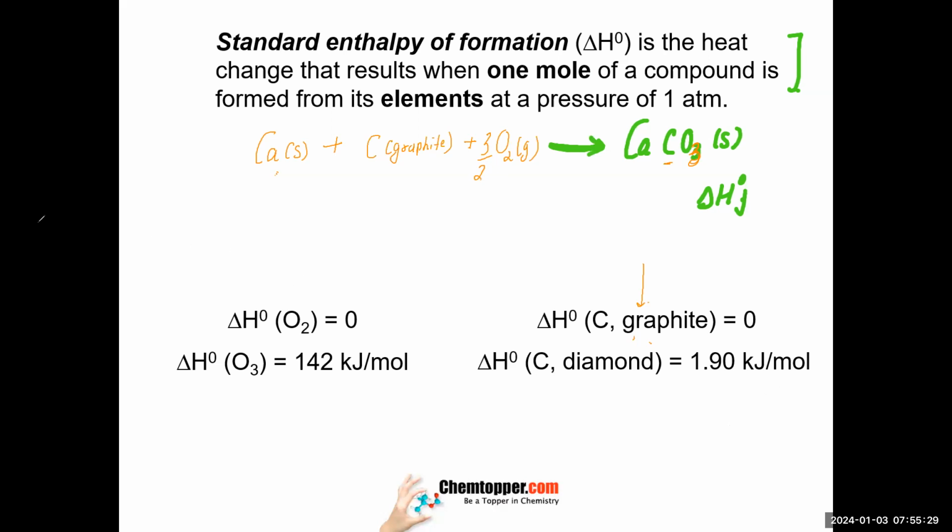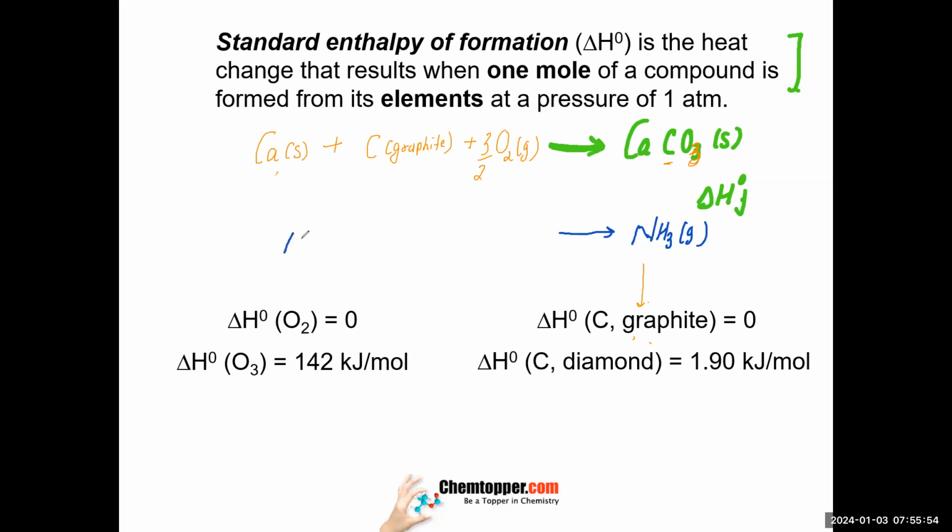Can you write down the delta H naught formation of ammonia, NH3 gas? Can you complete the equation? Can you find out the products and reactants here? So first, write down the elements. Yes, N2 and H2. Very good.